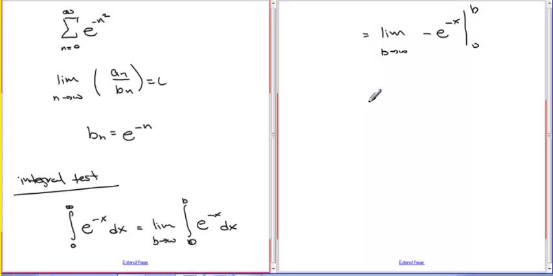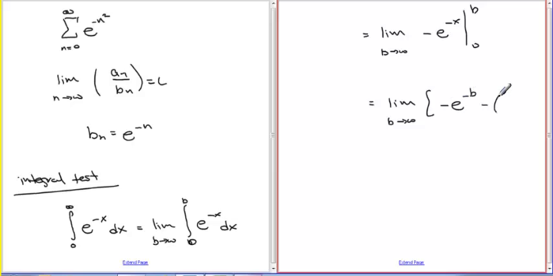And then you plug in the limits. So we get e to the minus b minus negative e to the 0, and that is 1. And when you let the limit go to infinity, the first part is 0, the second part is 1, so the answer is 1.